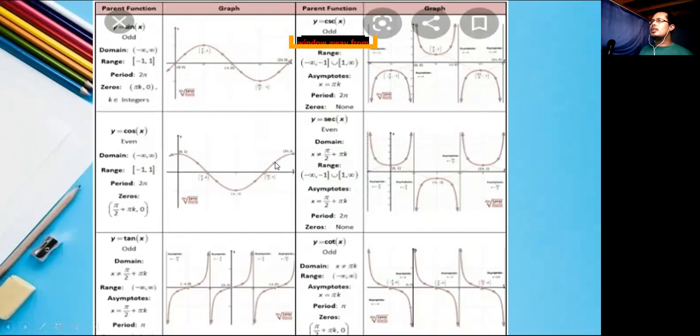Here are some of the graphs of trigonometric functions that we use in our daily lessons, and they are also applicable in real life situations.